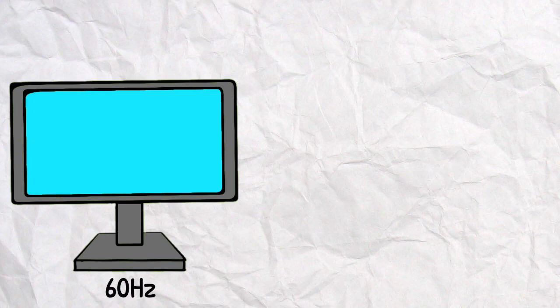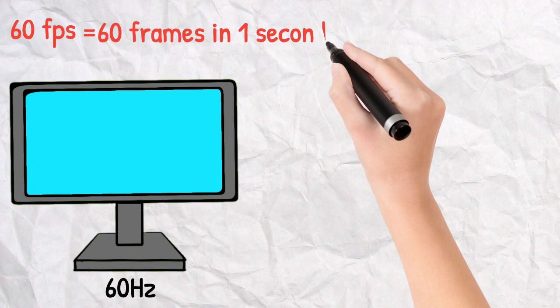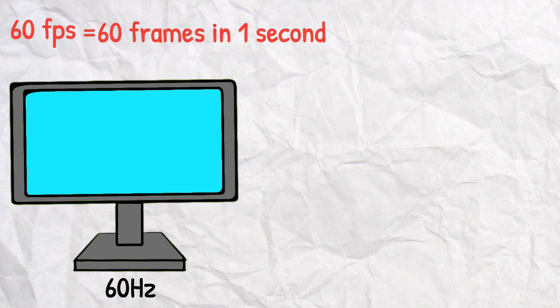Let me tell you something interesting. You can also measure the minimum input lag in your PC according to your monitor. How? Let's see. For example, let's take a 60Hz monitor. Its theoretical refresh rate is 60 fps, which means the monitor can refresh 60 frames in 1 second. So, if it can refresh 60 frames in a second, then how much time will it take to refresh 1 frame?